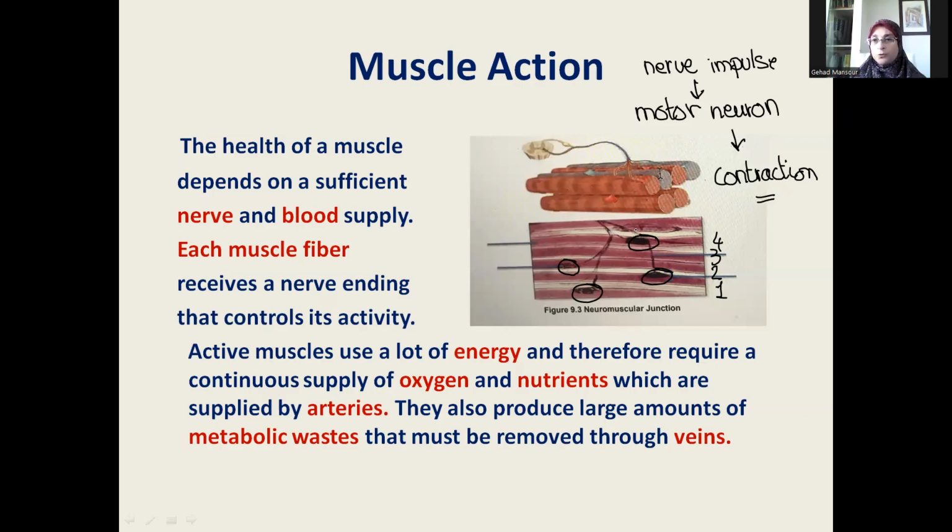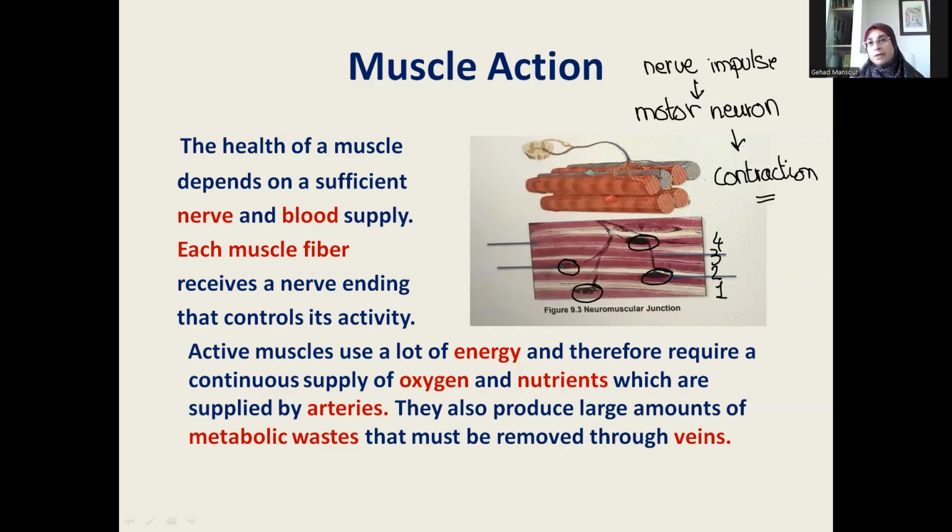In addition to the nerve fibers, the muscle fibers will receive a blood supply, of course. They will receive arteries to supply them with oxygen and the necessary glucose, for glucose to be broken down and to release the energy and ATP molecules that are required for contraction.